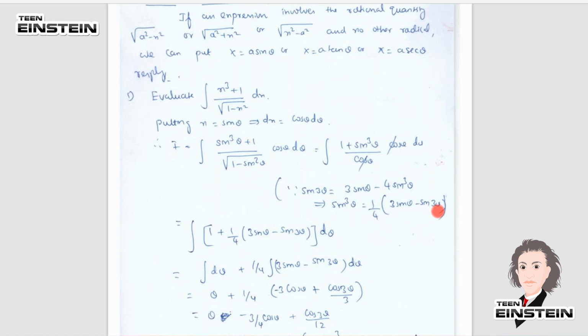Replace it here: 1 plus sin cube theta is 1 plus 1 by 4 into 3 sin theta minus sin 3 theta, d theta. You have two integrals here, so separate them: integral d theta plus 1 by 4, which is a constant term, take it outside, integral of 3 sin theta minus sin 3 theta d theta. This is the second integral.